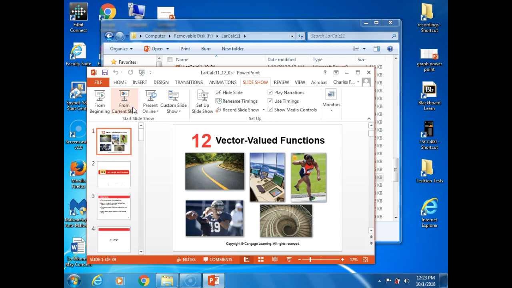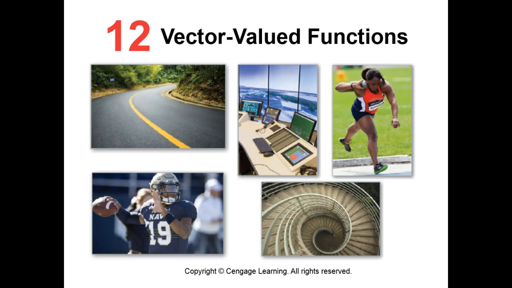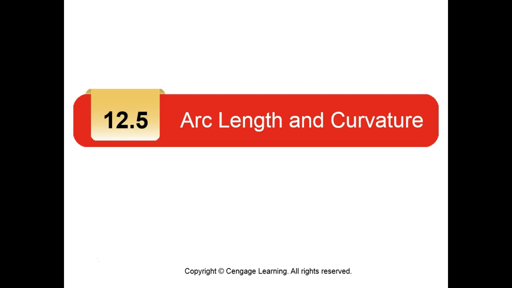All right, we are in Chapter 12, Vector Valued Functions, where we've been for a while now, and we're in the last section in it. I'm pretty sure this is 12.5, Arc Length and Curvature.